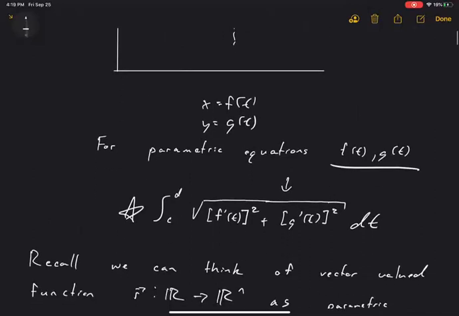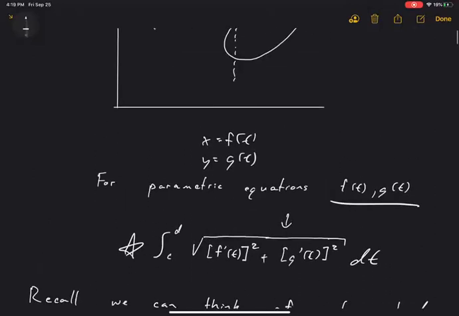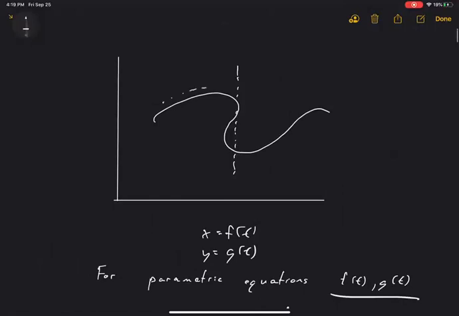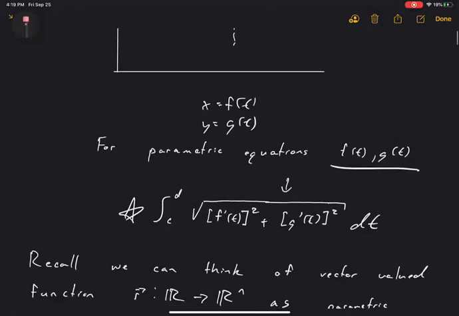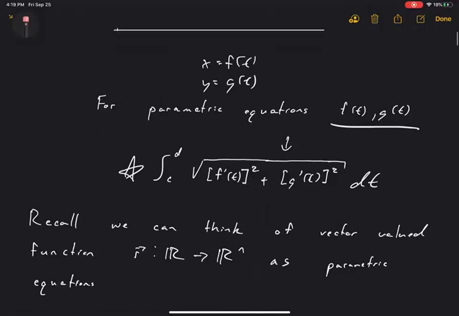And using these parametric equations, we can still find this arc length, which we wouldn't be able to if we tried to describe this curve as a function of one variable, and so we wouldn't be able to integrate it. But when we consider it from this parametric standpoint, we can still use the integral.